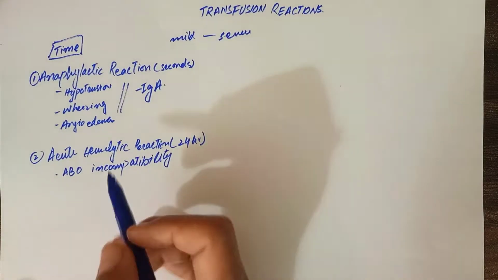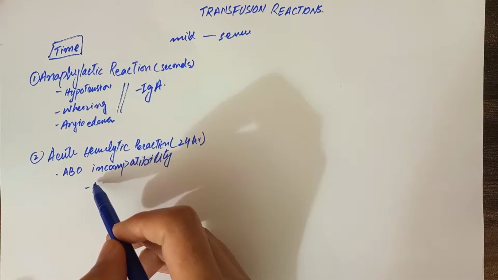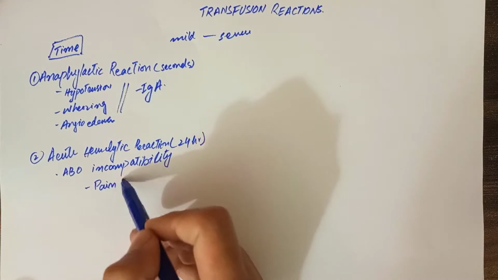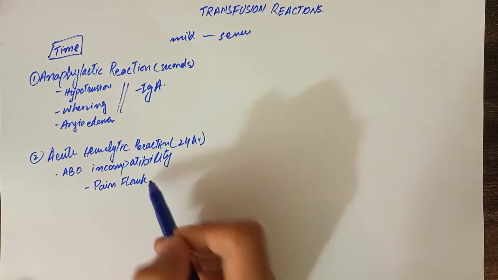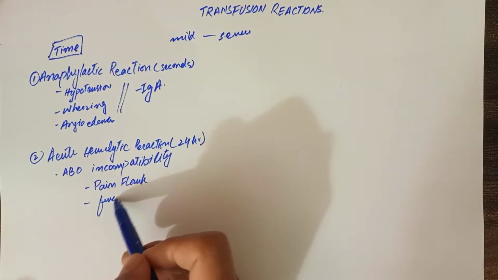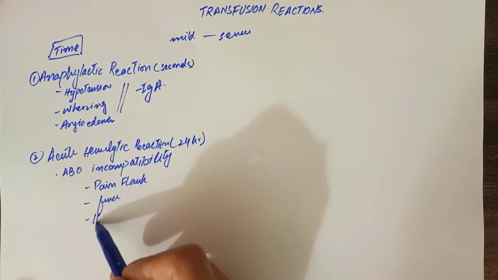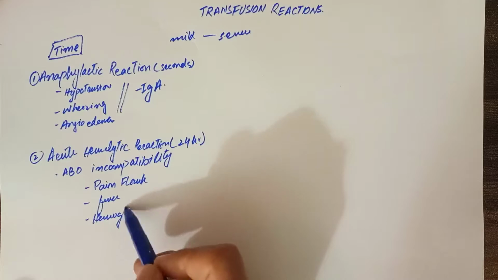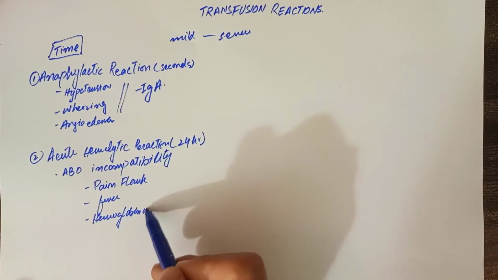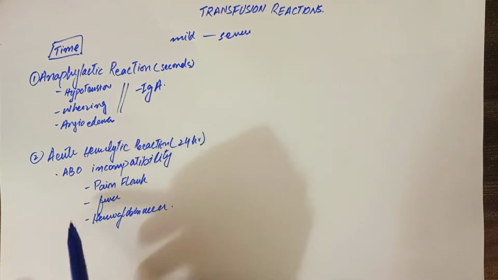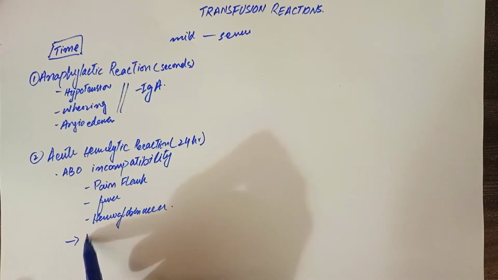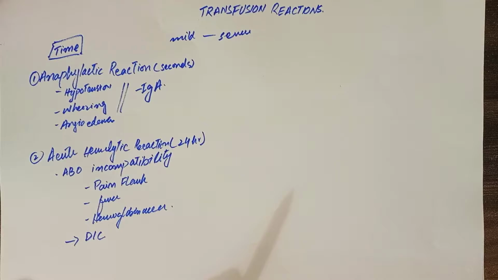The patient presents with pain in the flank region, fever, hemoglobinuria, and severe cases may progress to DIC or disseminated intravascular coagulation.